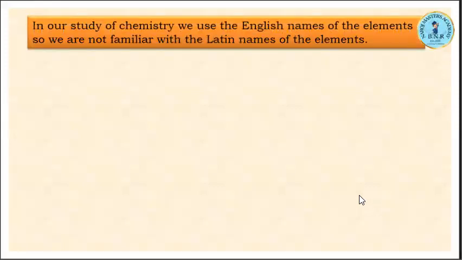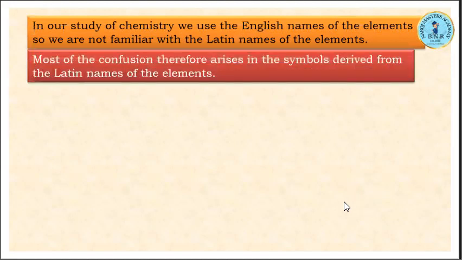In our study of chemistry, we use the English names of elements, so we are not familiar with the Latin names of the elements. Most of the confusion therefore arises in the symbols derived from the Latin names.